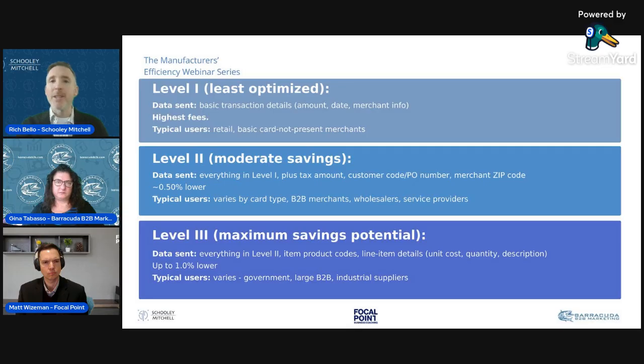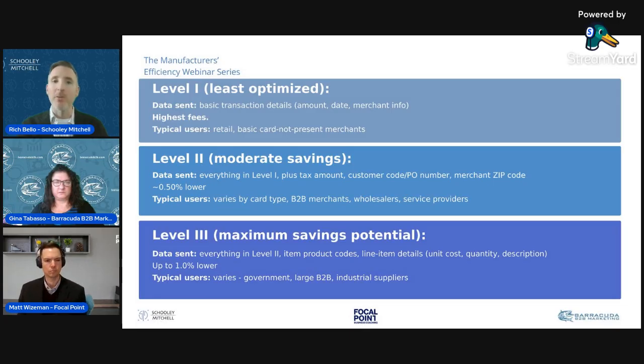This chart is a bit of a breakdown of where the most opportunities come to get the best rates from processors. And the levels are essentially broken down by the amount of information that you're collecting from the customer in a sale.